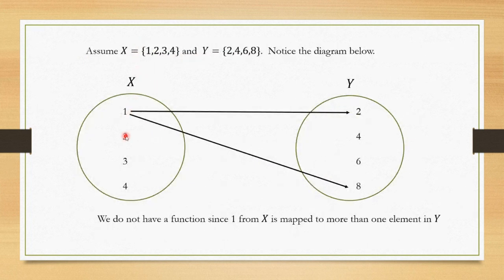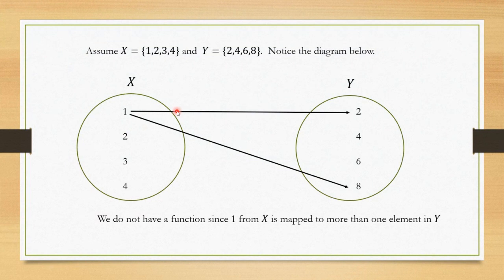Here, however, we have something different, don't we? As you can see, this is different because you have two different arrows coming out of 1. I mean, right away we know this is not a function. I know I didn't finish the diagram, but right away we know it's not a function.